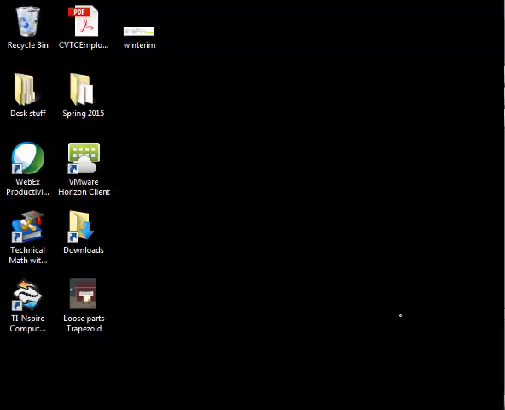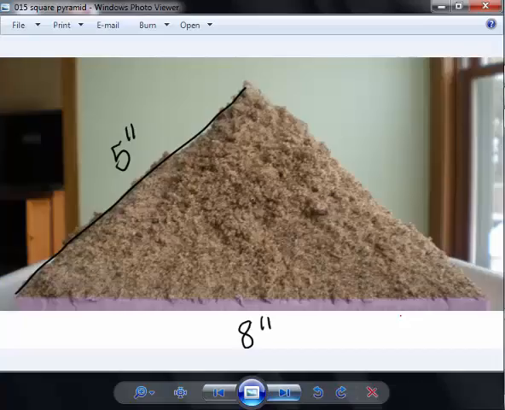Oops. Next one. Then it has us doing a slant height problem to find the volume and lateral area of a regular pyramid.